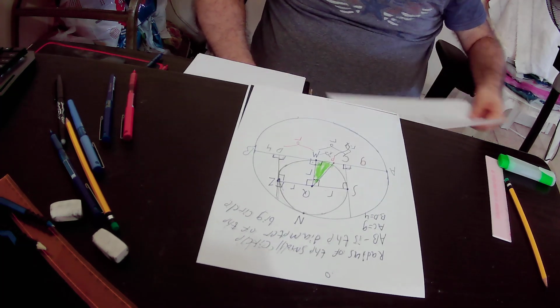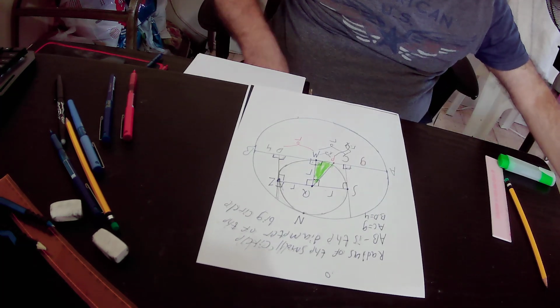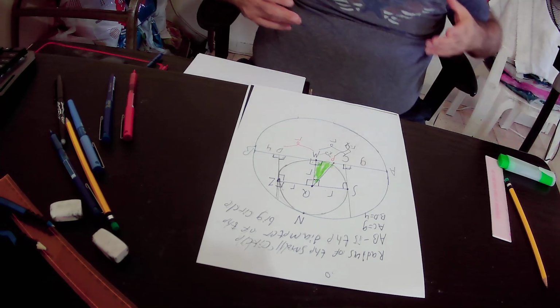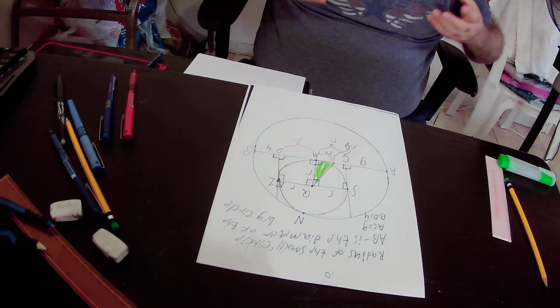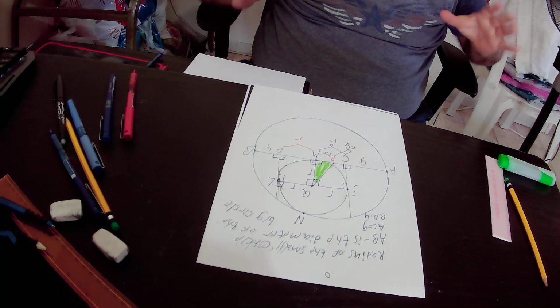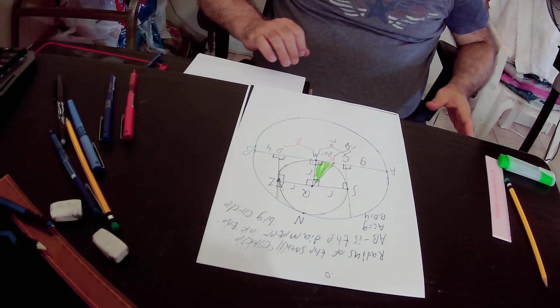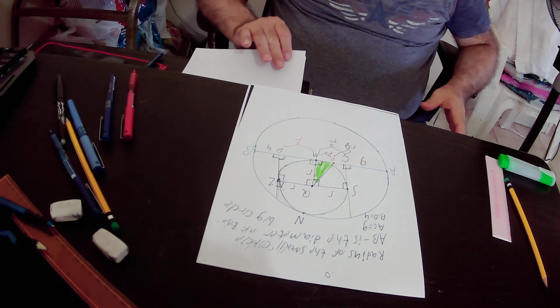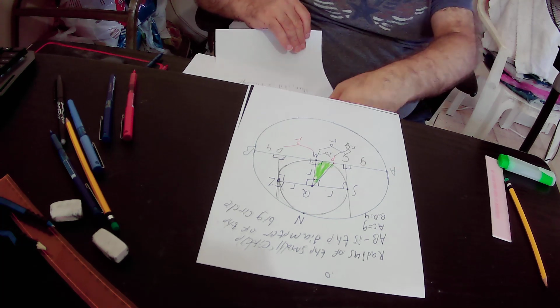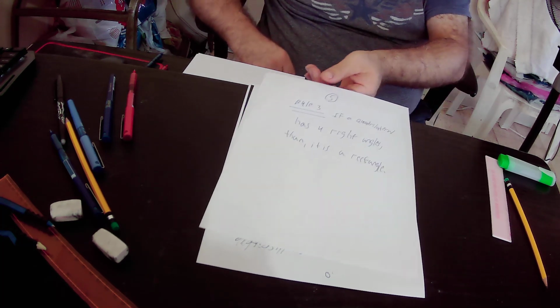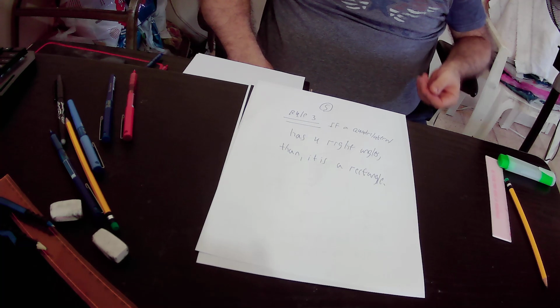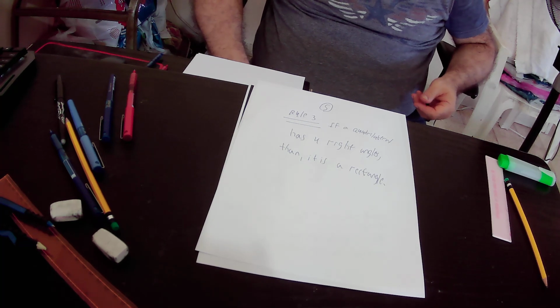So we actually proved that the fourth angle is also a right angle. So we have here a quadrilateral that has 4 right angles. And therefore, according to rule number 3, which states that if a quadrilateral has 4 right angles, then it is a rectangle.